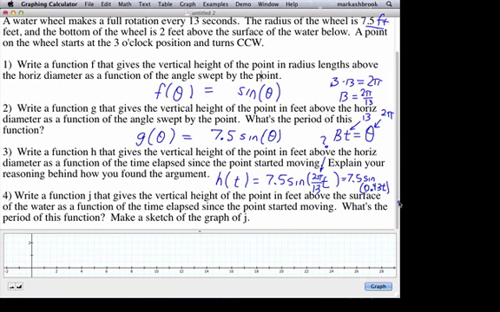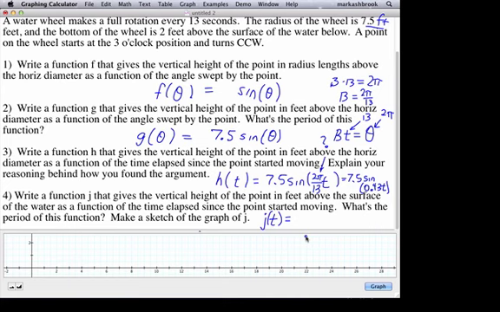Okay, so now the last one is our function j. The input is still time, and now we bring the water into it, and we want the output to give us the vertical height of the point in feet above the surface of the water. Remember, the bottom of the wheel is 2 feet above the surface of the water.